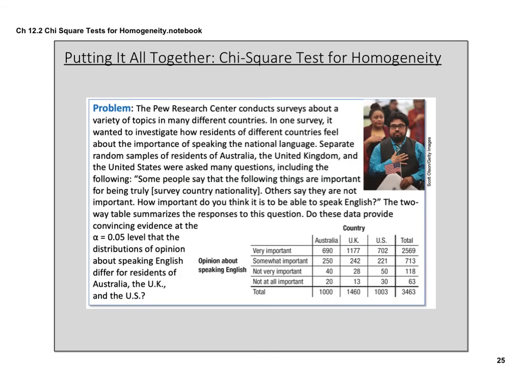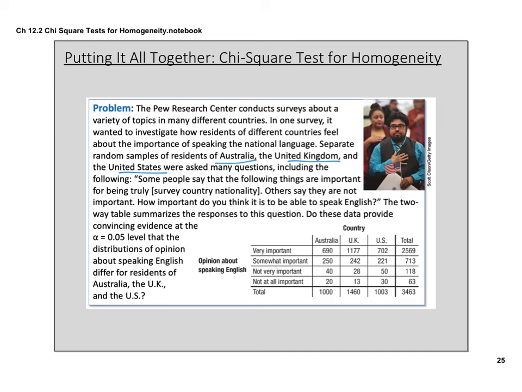Pew Research Center conducts surveys about a variety of topics in many different countries. In one survey, it wanted to investigate how residents of different countries feel about the importance of speaking the national language. Separate random samples of residents from Australia, United Kingdom, and United States were asked many questions, including the following.